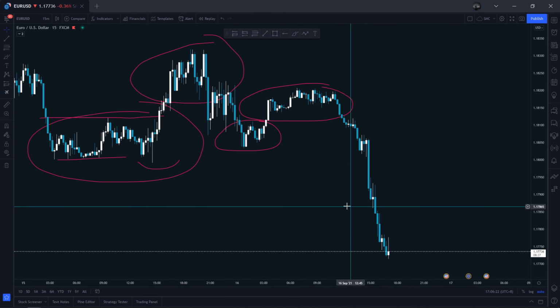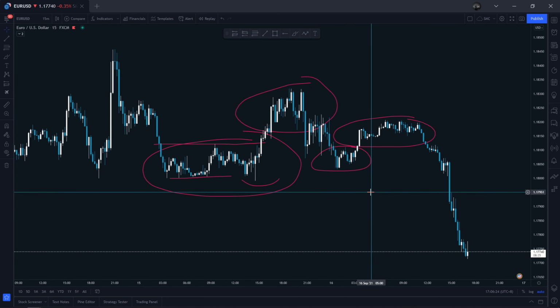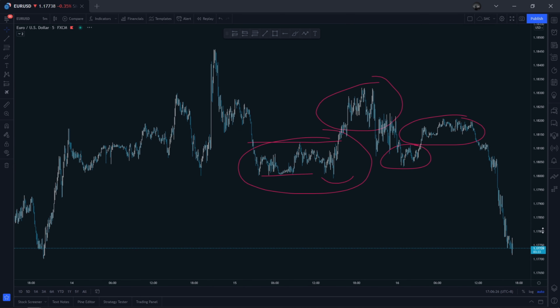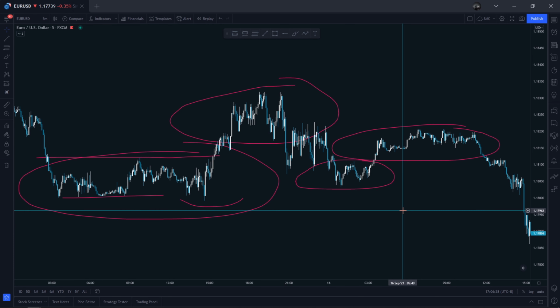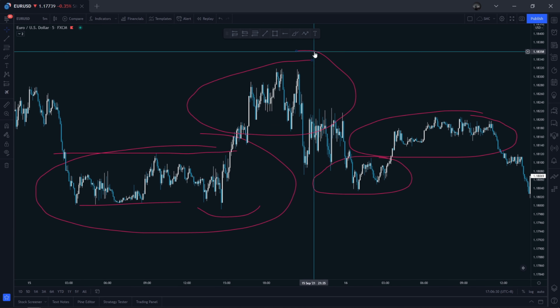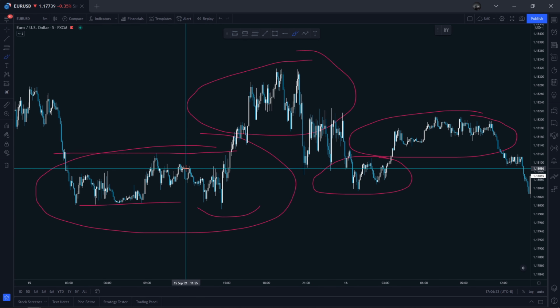Now if we look closer, go on lower time frames, say the 5-minute, we see that there are more tiny schematics inside those larger schematics. That's why you don't trade Wyckoff alone, because there are multiple setups.